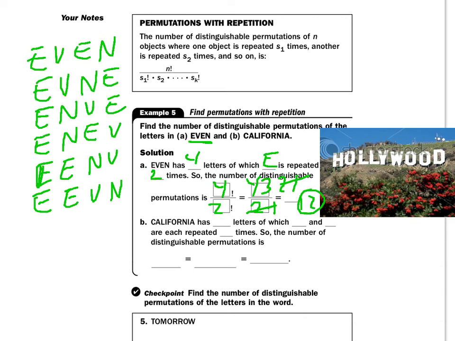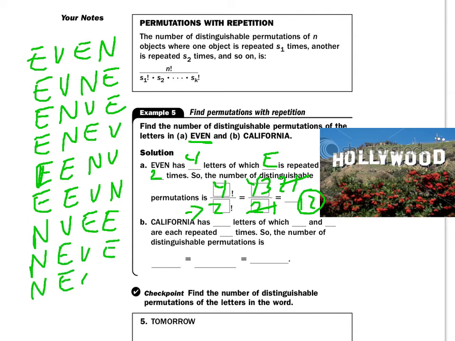and I end up getting 12 distinguishable permutations, because I could do N, V, E, but that's the only one I could do. I couldn't do N, V, E again. That's why the 2 kind of eliminates some of them. I could do N, E, V, E, and I could do N, E, E, V. So that's, so far, 1, 2, 3, 4, 5, 6, 7, 8, 9.